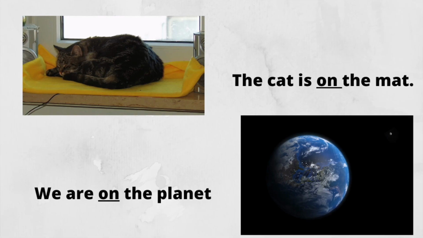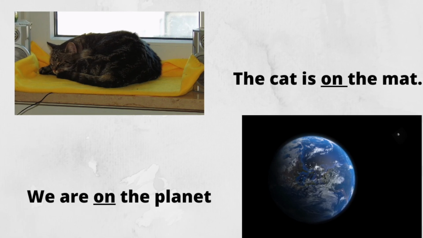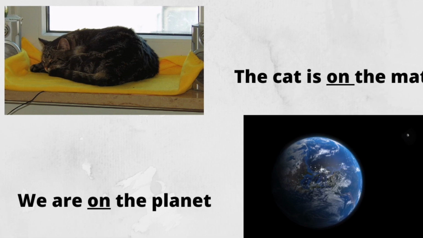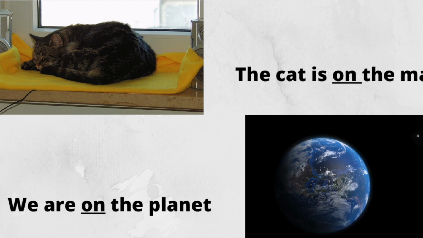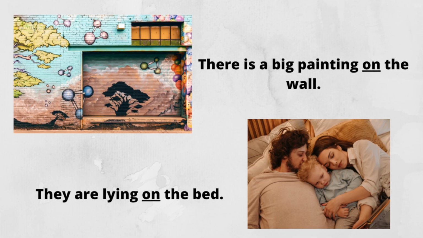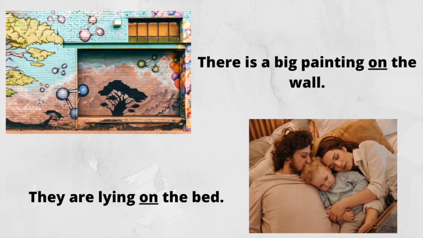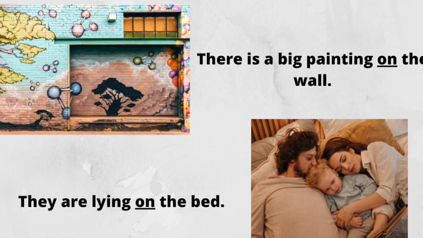Now look at the first picture. You can see the cat is on the mat. Now, look at the second picture. You can see we are on the planet. Now again, look at the first picture. You can see there is a big painting on the wall.